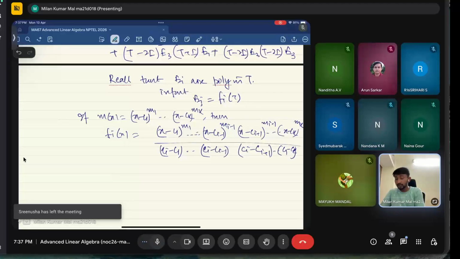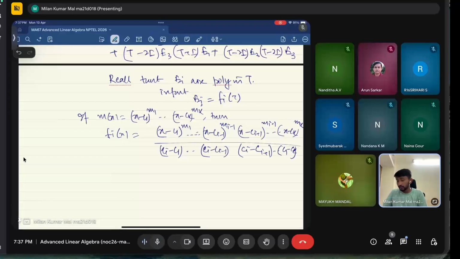This is what it is. If you are not able to catch this fact, you don't need to be pressured; you can leave this, but remember that they are polynomials.